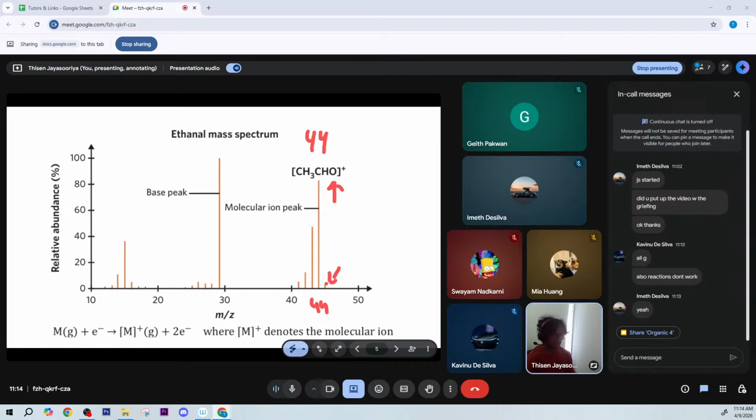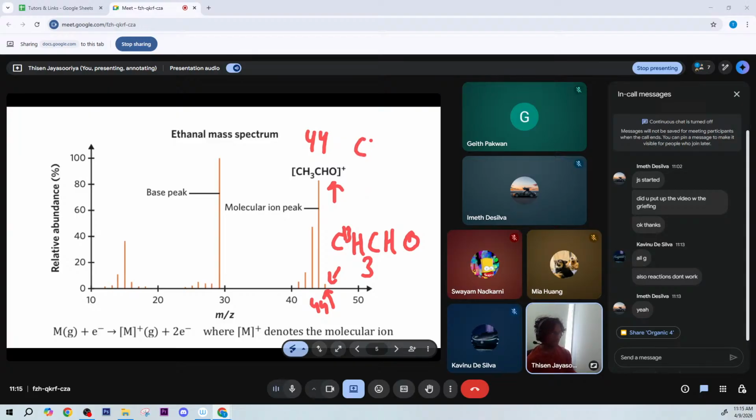Now, I want to discuss this peak here. How can this get to 45? Well, here we want to think about the fact that there are different isotopes of carbon and hydrogen. This could be a carbon-13 isotope, which causes it to have a mass to charge ratio of 45, because now the mass is 13, not 12.